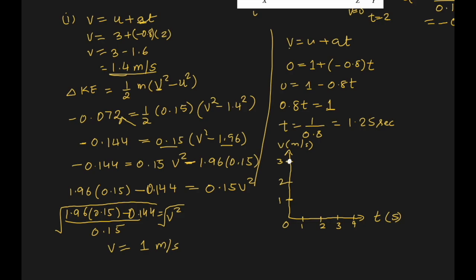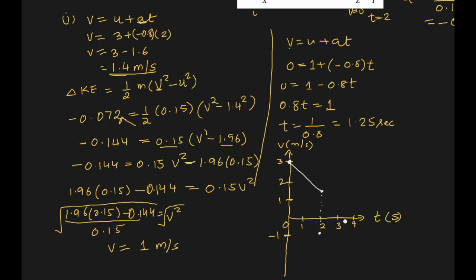Then it decelerated. That means the gradient of this will be constant for 2 seconds. And the speed became 1.4, which will be somewhere here, right? This is the first 2 seconds. Now, suddenly after 2 seconds, the speed became 1 meter per second, but in the opposite direction. That means I need a negative axis also. So this is negative 1 meter per second, and your graph will start from here now.